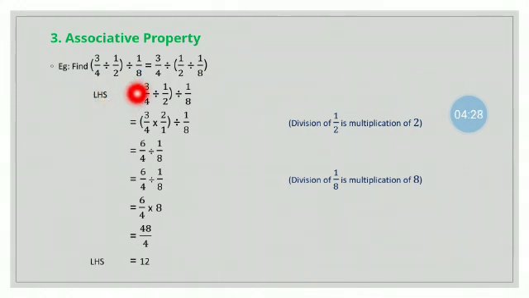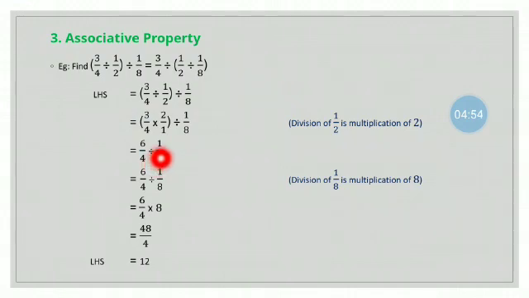LHS equals, in the bracket, 3 upon 4 divided by 1 upon 2, divided by 1 upon 8. So 3 upon 4 into 2 upon 1, divided by 1 upon 8. Division by 1 upon 2 is multiplication by 2. So let's multiply 3 into 2, that is 6. 4 into 1, that is 4.